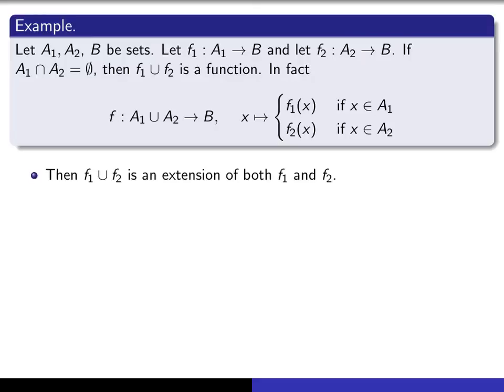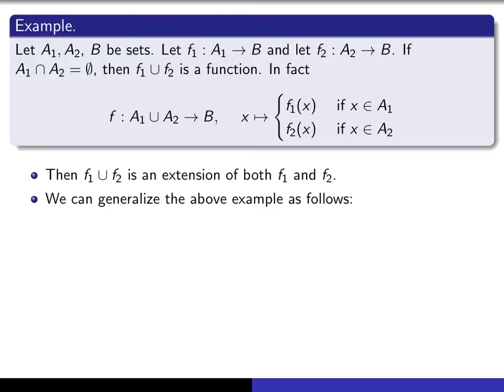So notice that this function F1 union F2 that we've just constructed here is an extension of both F1 and F2. And so this illustrates the idea of extension. Now we can generalize this example in the following way. It's not necessary that we just do this with two functions. We could have a whole bunch of functions with a whole bunch of domains.